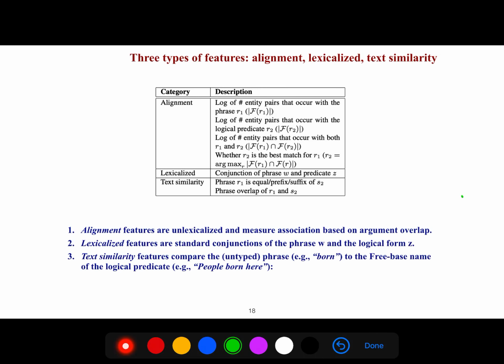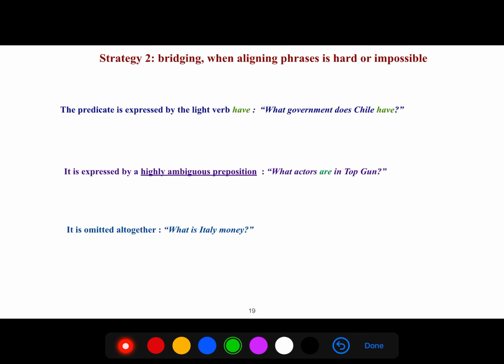So let's finish this lecture by saying that we have three types of features: alignment, lexicalized, and text similarity. The second strategy, which is really hard, is bridging, because aligning phrases is sometimes hard or impossible.